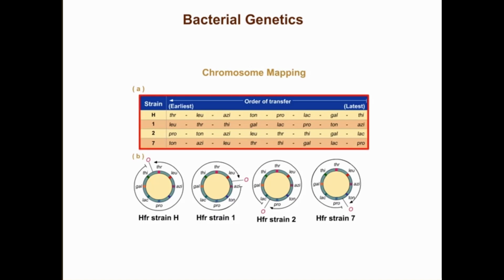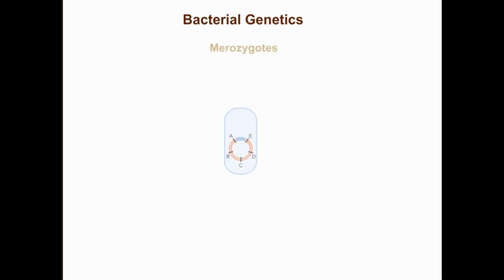The order of gene transfer in 4 HFR strains, as given in the table here, suggests that the E. coli chromosome is circular. The point where transfer originates, the origin, or O, see red O in diagrams, is determined by the point of integration of the F factor into the chromosome. Transfer can proceed in either direction, depending on the orientation of the F factor in the bacterial chromosome.